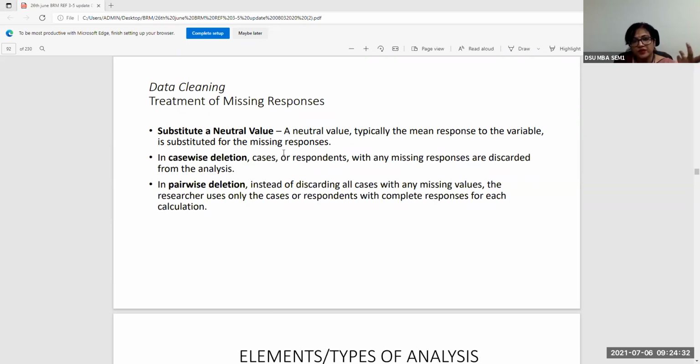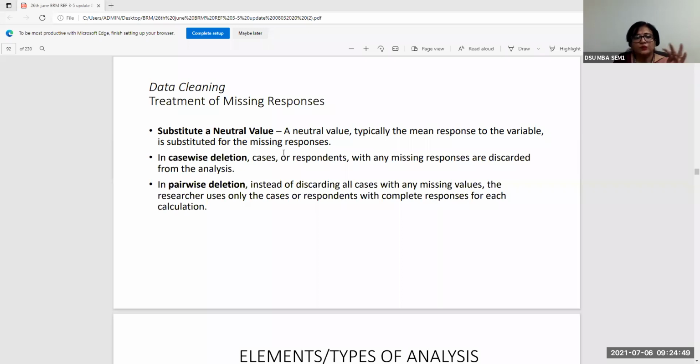You can't force people to answer all the questions. So if you resort to this case-wise deletion, where respondents with any missing responses are totally deleted from the data collected for the analysis, then you have case-wise deletion coming into effect.